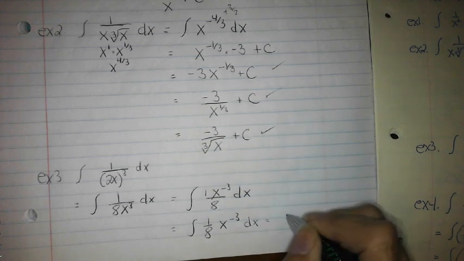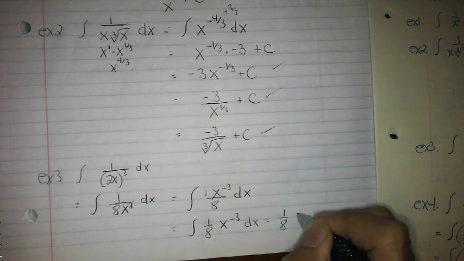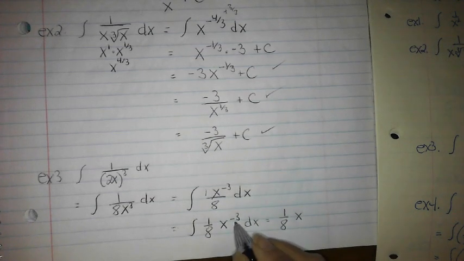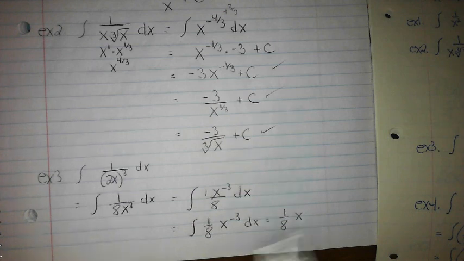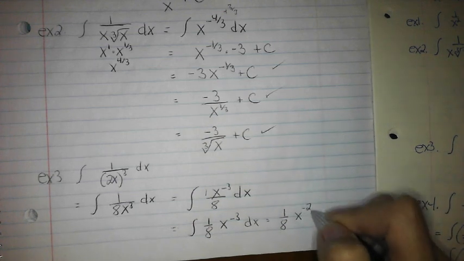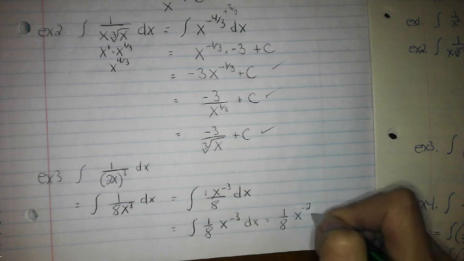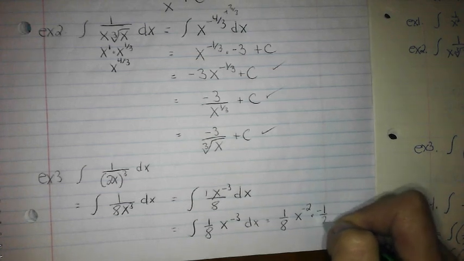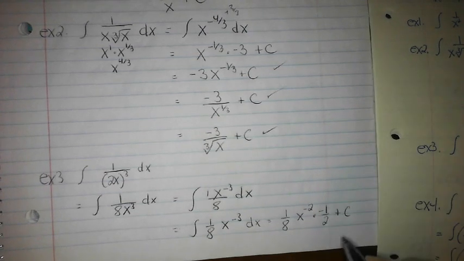So we're going to keep the 1/8. Negative 3 plus 1 gives me negative 2. And then multiplying by the reciprocal there, that's a negative 1/2. Plus c.